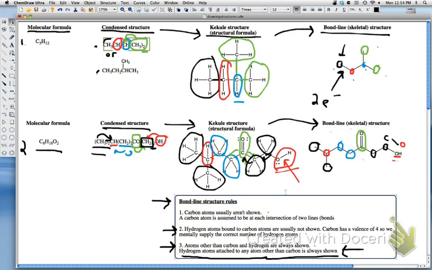So if you remember looking at the beginning, we had in our formula 8 carbons. Let's just count those real quick. Let's just erase this, give us a little more space. And then we'll go ahead and count these carbons.